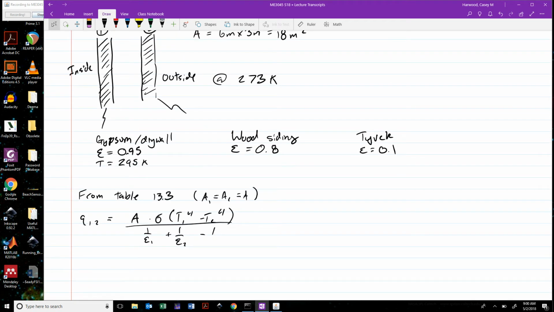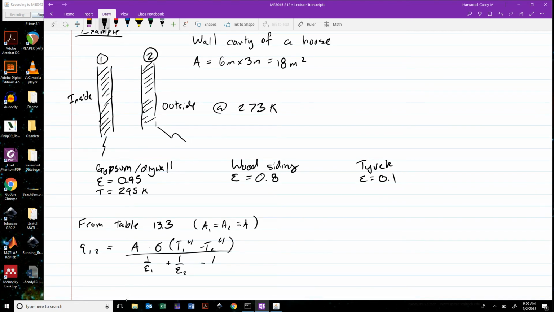That's straight out of table 13.3, and it's really simple. We have A, we know sigma, and we're given the temperatures T1 and T2. We'll assume the inside and outside walls are at thermal equilibrium, steady state, so T1 and T2 are approximately 295 Kelvin and 273 Kelvin, respectively.